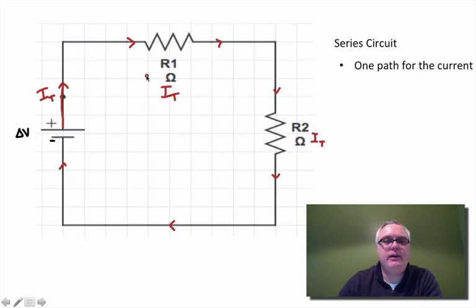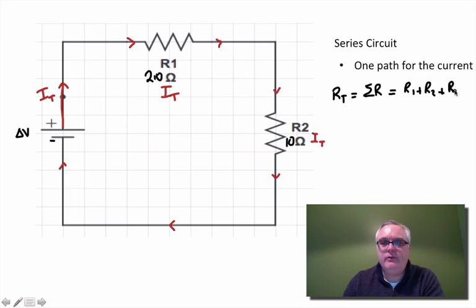Now, if I was trying to determine the total resistance of these two resistors, let's give them a value of 2 ohms and 10 ohms, I can find that total resistance because it's the sum of all of the individual resistors. So I just find R1 plus R2 plus R3 if there was a third one, plus however many resistors I have.